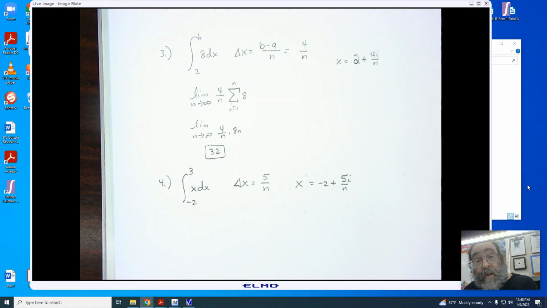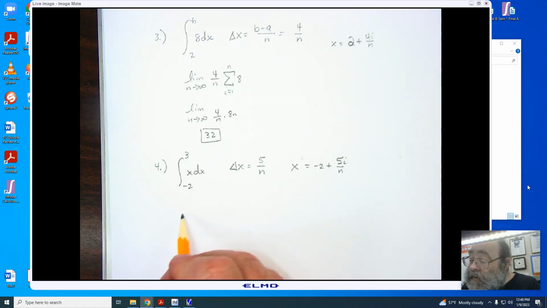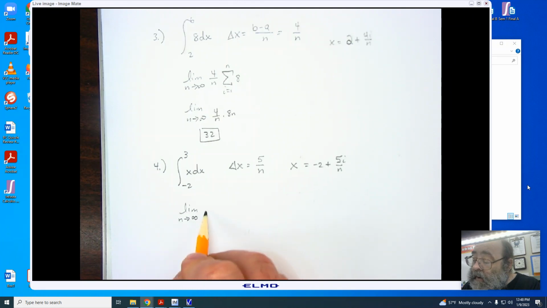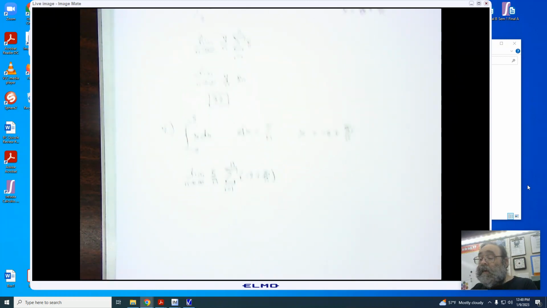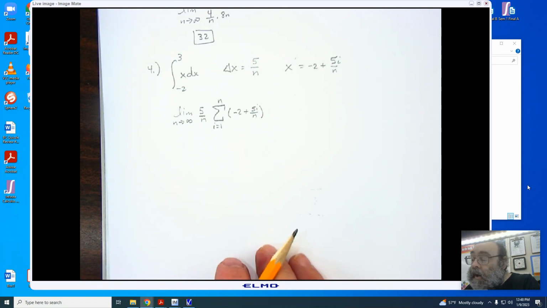And this is now what we're going to use to construct. So we have the limit as n approaches infinity. We're going to have 5 over n out in front times the summation, and we're putting negative 2 plus 5i over n, and it is to the first power as i goes from 1 to n. And this is now what we're going to work with.